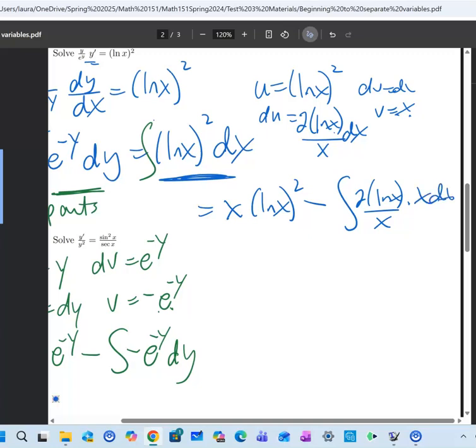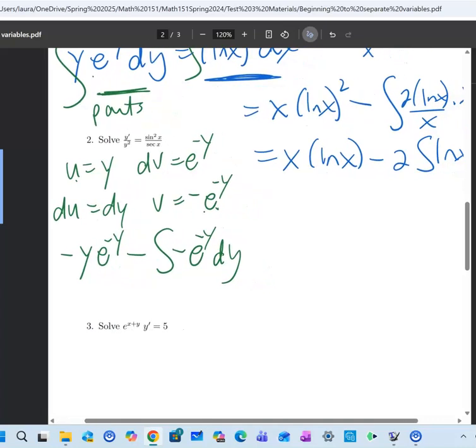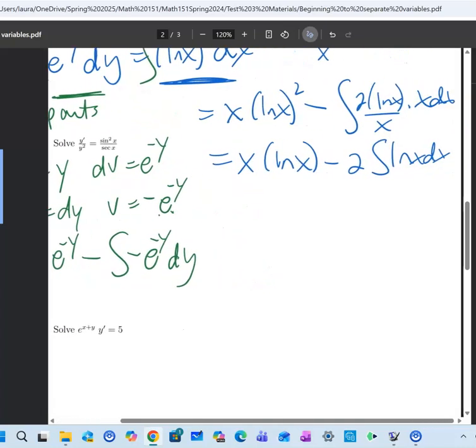Okay, let's clean that up a bit. So I get x ln of x squared, and then the x's go away, so I get minus 2 integral of ln of x. Okay, so still got this over here on the right-hand side. I know I need to do parts again on this, don't I?